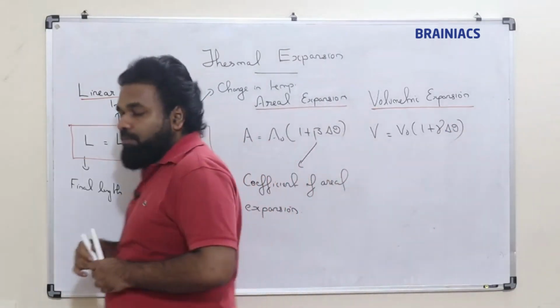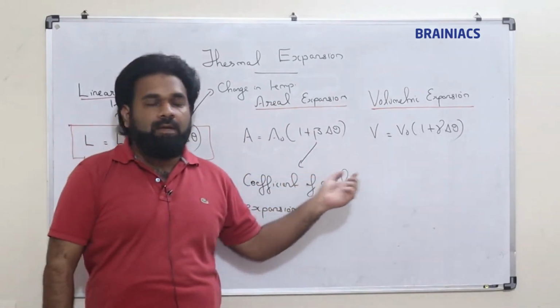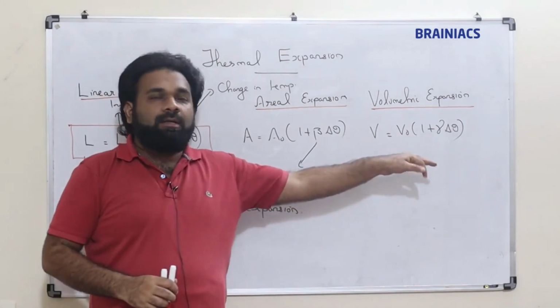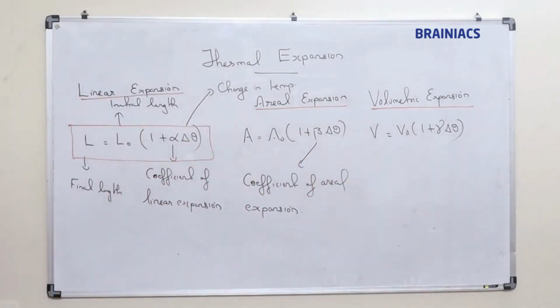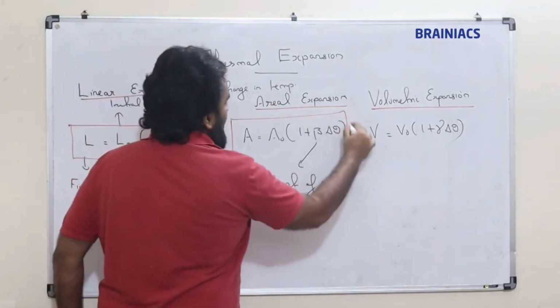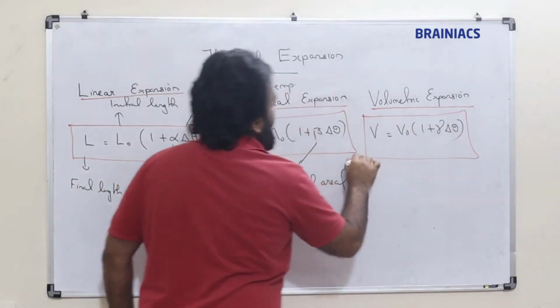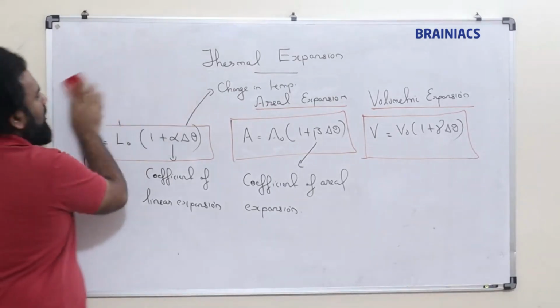So it was 1 plus alpha delta theta, now it became 1 plus beta delta theta for area, and for volume it is 1 plus gamma delta theta. Final volume, initial volume. Is it clear? Please note it down. These are the respective formulae for area and volume. Clear? Fine.